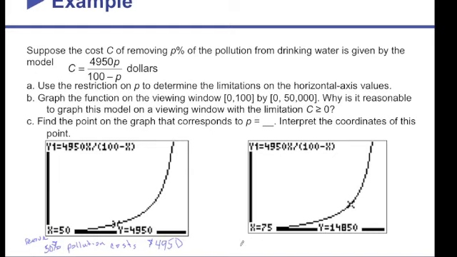Here are 75%: to remove 75% of the pollution from the drinking water will cost $14,850. And I don't know about you, but I'd really like that to be close to 100%.